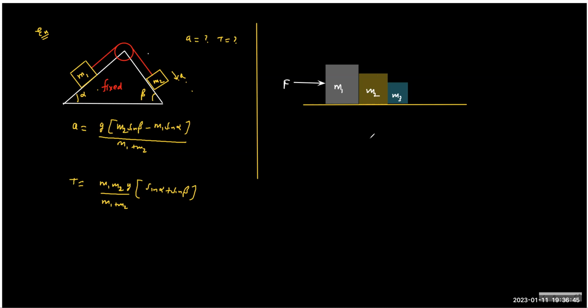There are two mistakes in your ABD, Prashansa. The first is you have taken the same normal for blocks M1 and M2, because they're touching different surfaces and they cannot have the same normal. And for M3, you haven't shown the normal at all. The rest are very good.